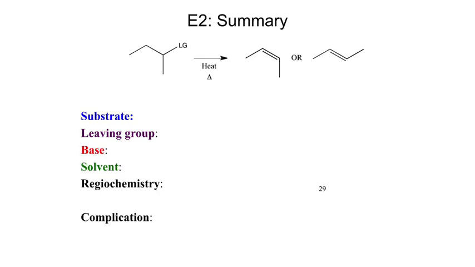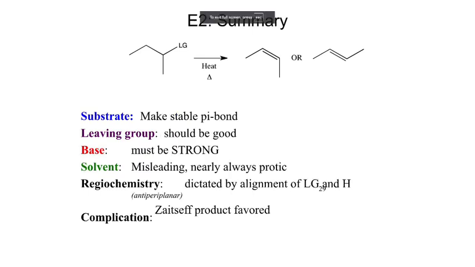Okay. Oops. That button doesn't work. When we look at our summary, our regiochemistry is dictated by the alignment of the leaving group and our hydrogen. There's that fancy word, antiperiplanar. If you remember it as backside attack, that's fine. That'll help you out. We do favor the Zaitsev product.